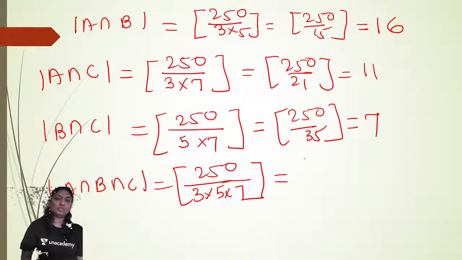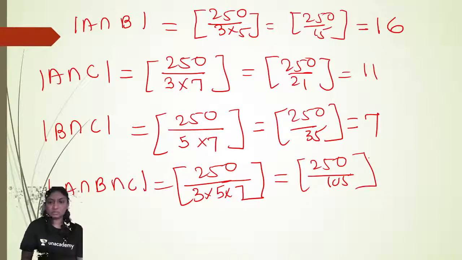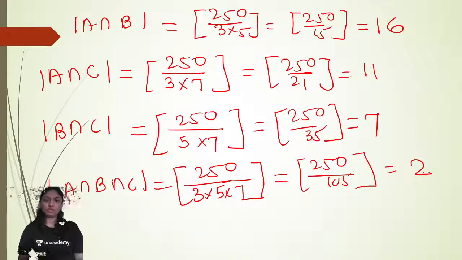Here you will get 250 by 105, and the integral part is 2. 250 divided by 105 means it is 2. So the cardinality of A intersection B intersection C is equal to 2.